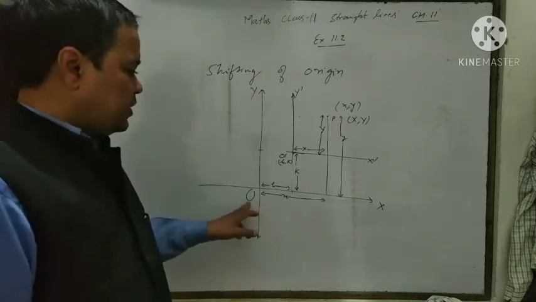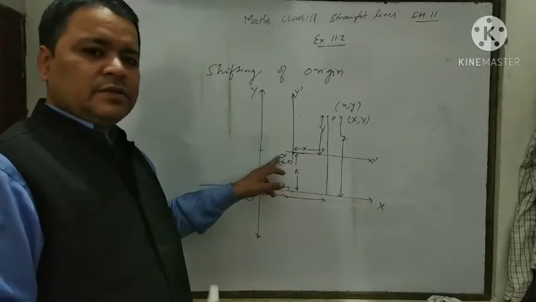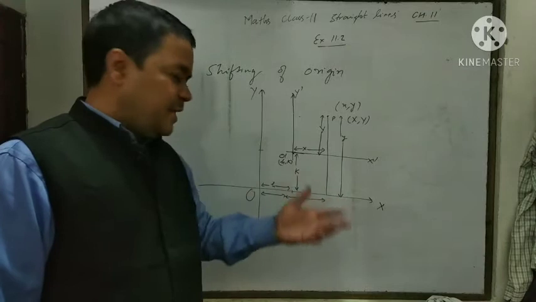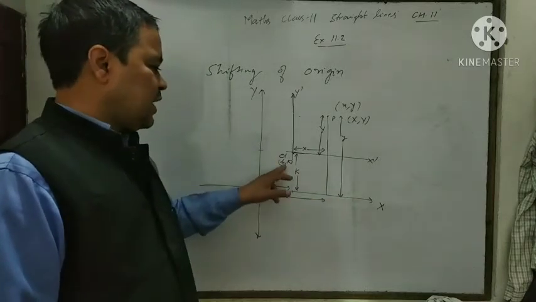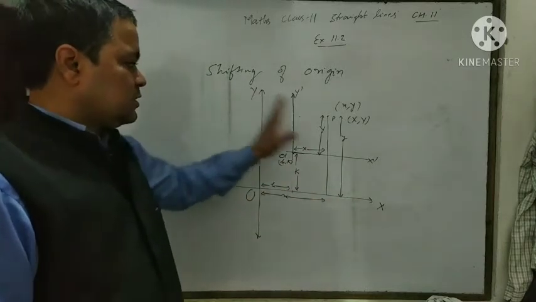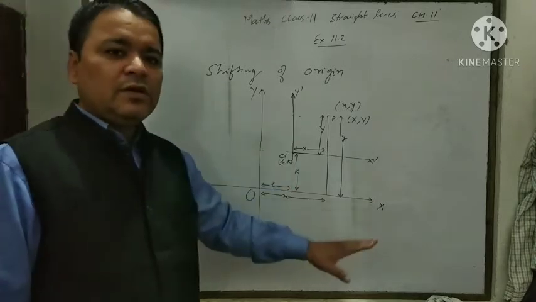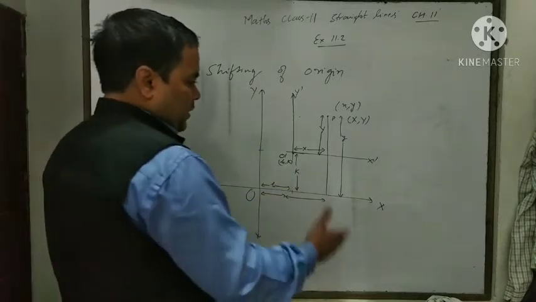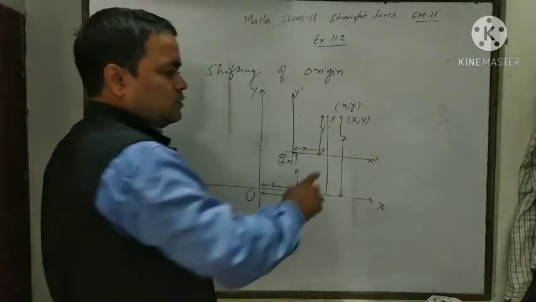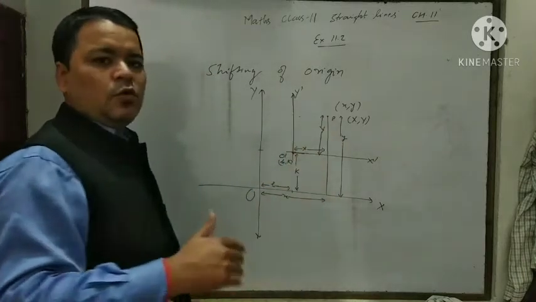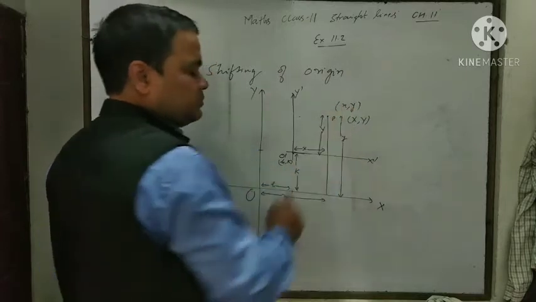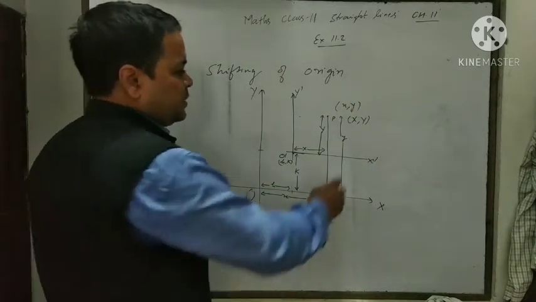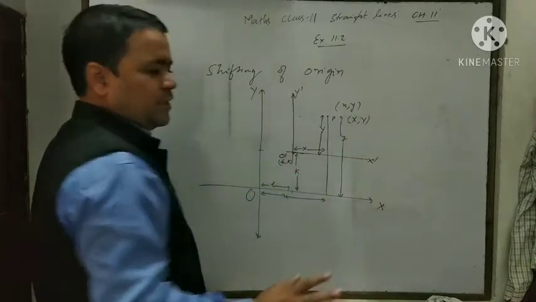O is the original origin, O dash is the new origin. The coordinate of this new origin is (H, K) with respect to the original coordinate axes. For point P, the original coordinate is (x, y) and the new coordinate is (X, Y).